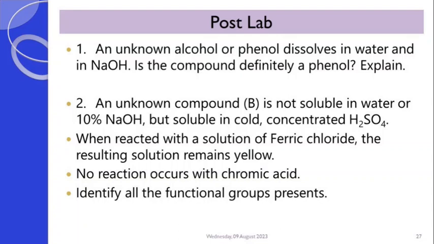When such a compound is reacted with a solution of ferric chloride, the resultant solution remains yellow. No reaction occurs with chromic acid either. Identify all the functional groups that are present in the unknown compound B.